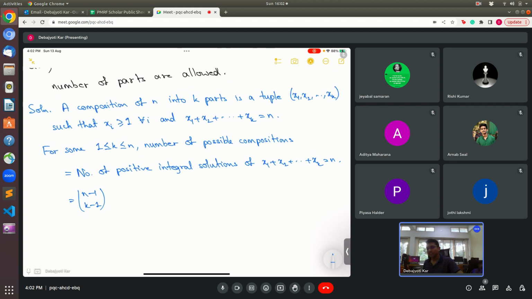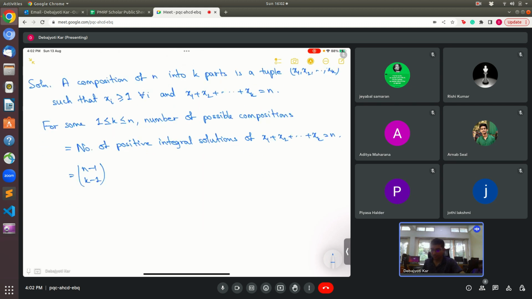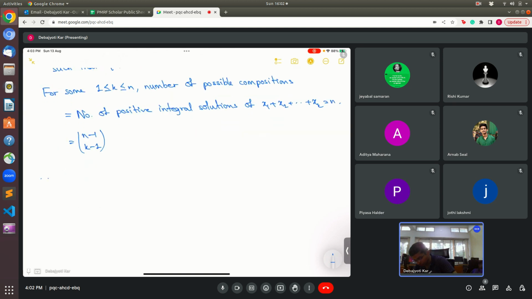So then what is the total number of possible compositions of n? It's just the sum of this thing where k varies from 1 to n, right?